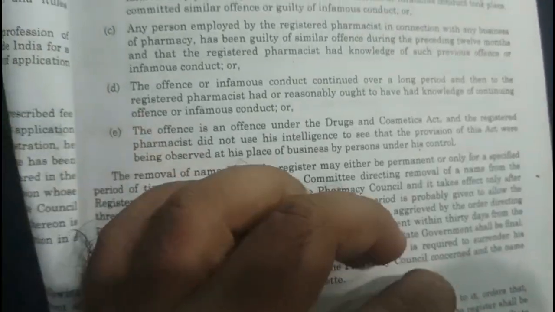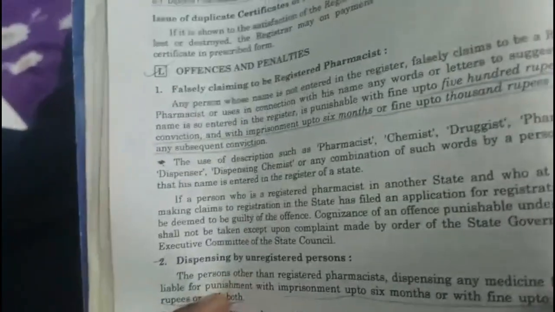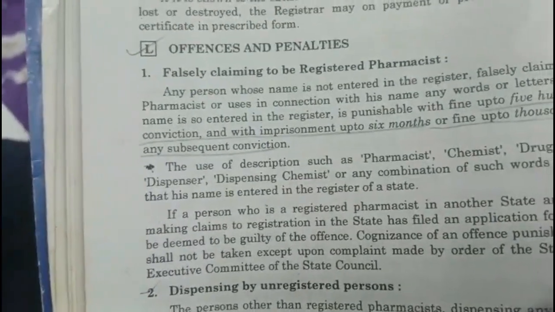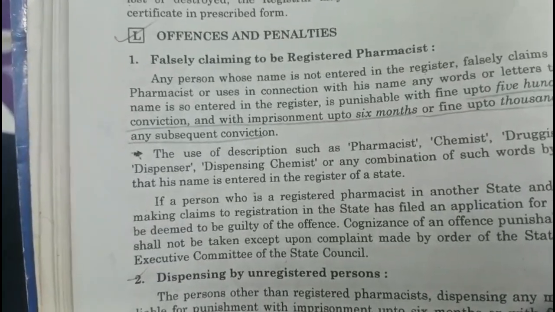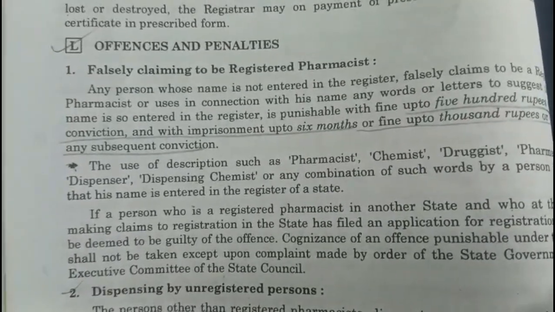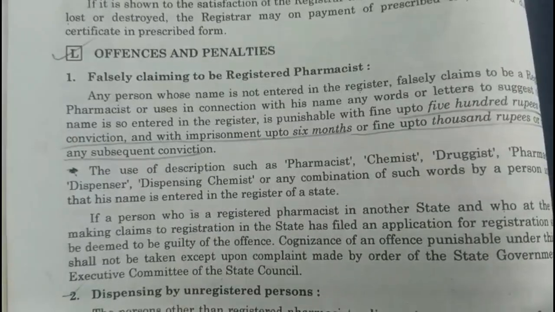That is also important, very important, I feel. And give a brief note on offences and penalties related to the Pharmacy Act 1948. As per my view, this chapter, Pharmacy Act 1948, is very important.